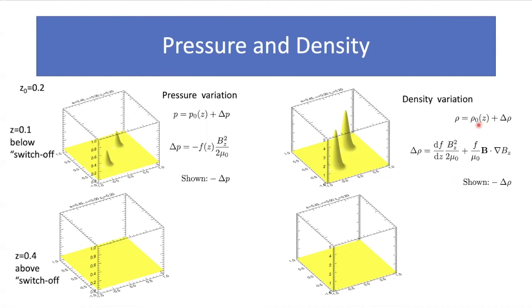And the background density has to be positive, otherwise you run into problems with negative density. And the pressure always has to be bigger than this delta P, which is also always negative if f of z is positive. There are reasons for having that, because otherwise the forces point in the wrong direction. So these are some of the limitations that one has to be aware of when one uses models like that.